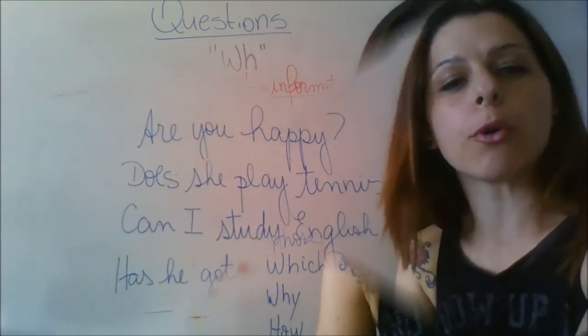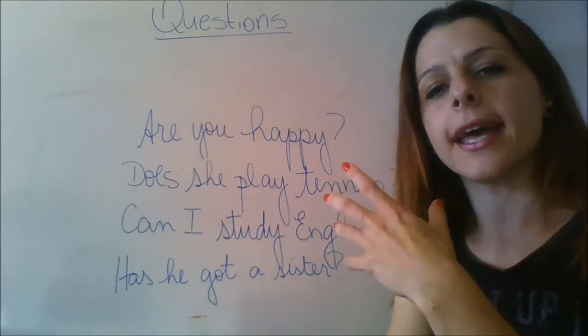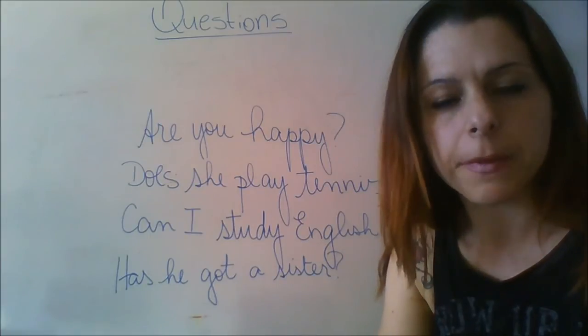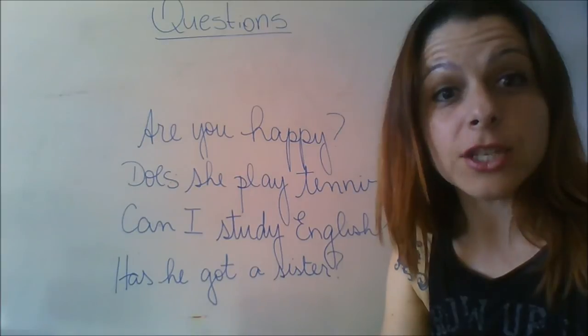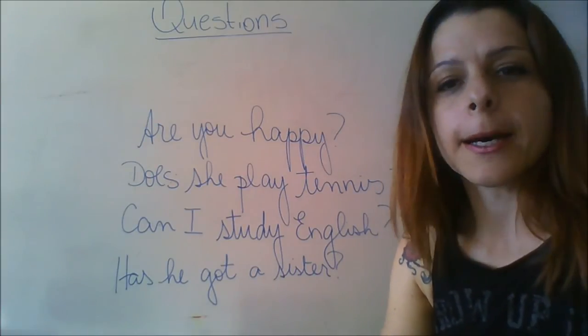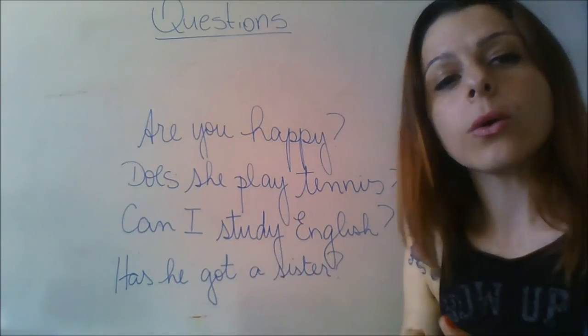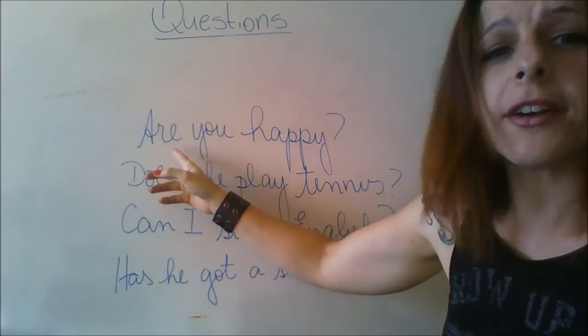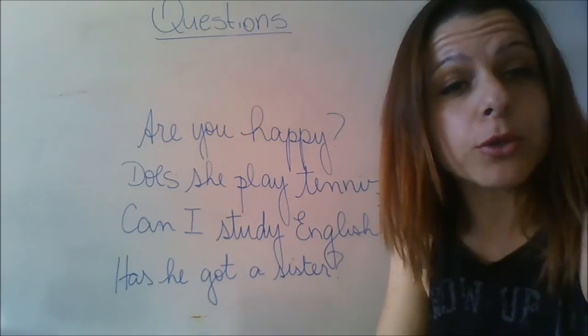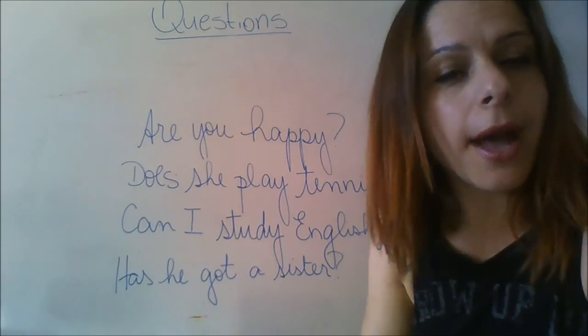I have a new board for you so we can analyze some examples. Okay, here there are 4 examples of yes or no questions, and let's see how the rule works. So here I have one example using verb to be. Are you happy?